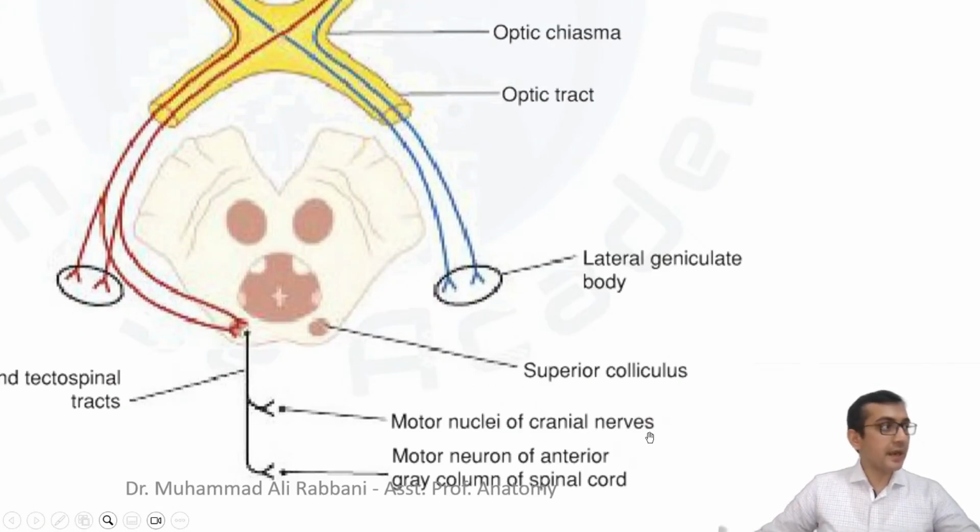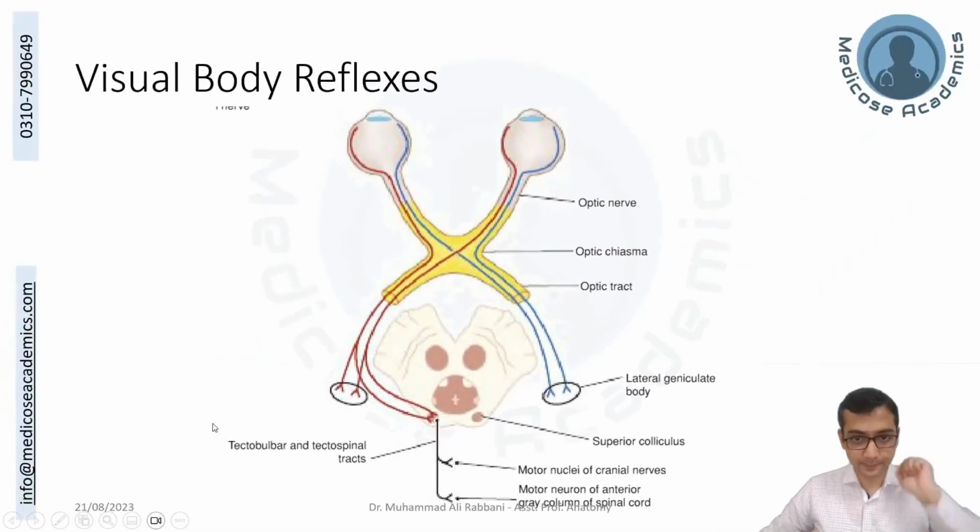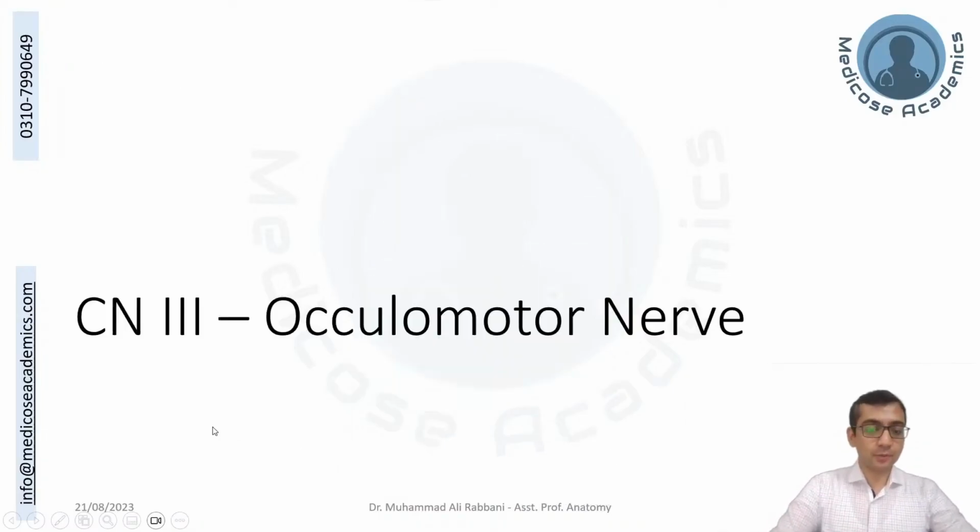From the superior colliculus, this part of the midbrain called the tectum of the midbrain, the descending fibers go to the spinal cord and to the brainstem. The fibers going to the brainstem nuclei are called tectobulbar fibers, and the fibers going to the spinal cord are called tectospinal fibers. So that is about the visual body reflexes.